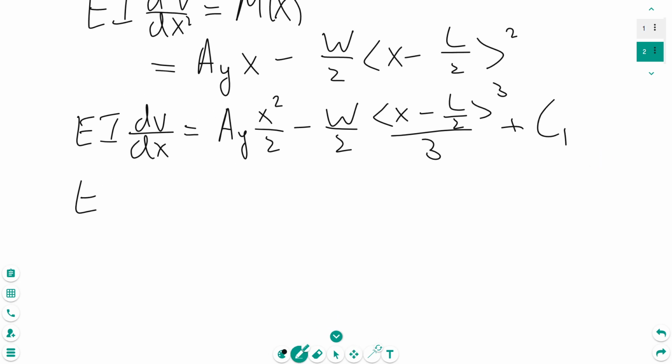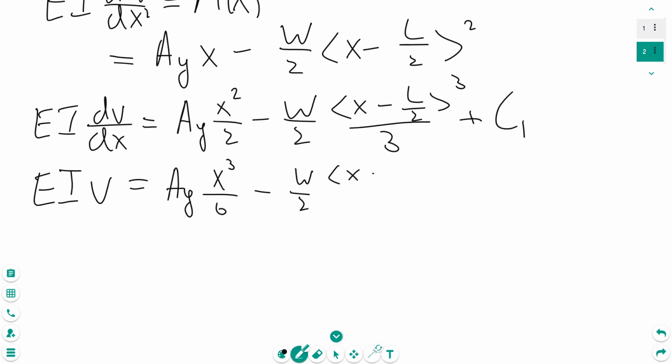And then the final step follows from another integration, and we will say that this equals AY times the integral of x squared divided by 2, which is x cubed divided by 6, minus W over 2 times the integral of x minus L over 2 cubed, which is then x minus L over 2 to the 4th divided by 12, plus the integral of c1, which is c1 times x, plus another integration constant c2.